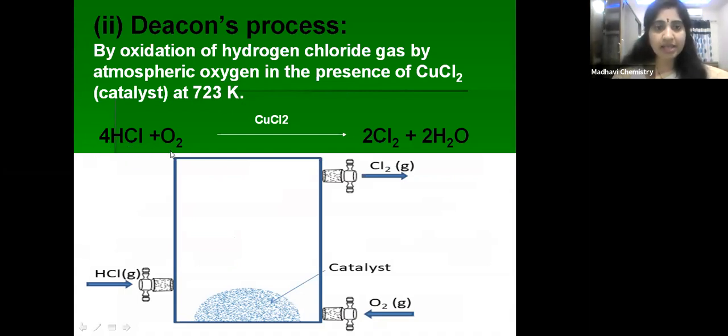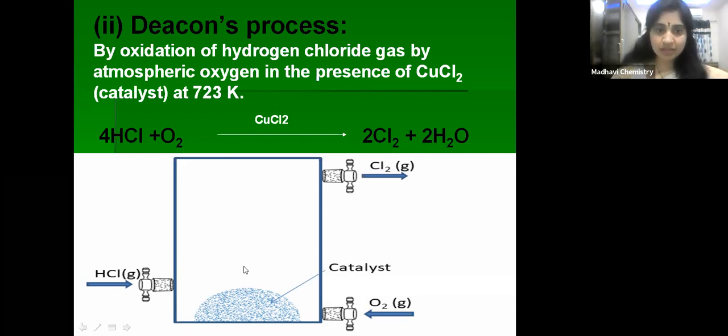What is the catalyst here? Copper chloride, CuCl2. What is the temperature? 723 Kelvin. At this temperature and in the presence of copper chloride, hydrogen chloride undergoes oxidation by atmospheric oxygen and gives chlorine gas plus water.